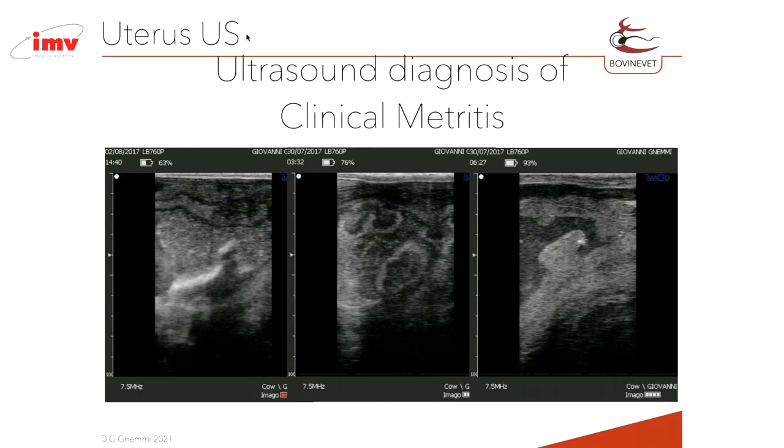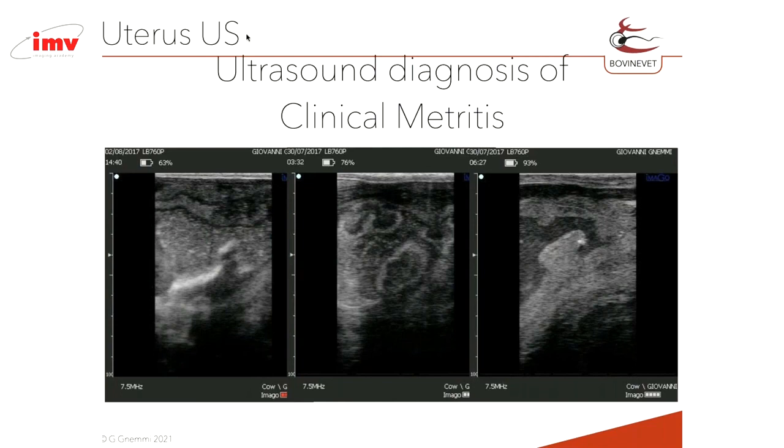Normally, clinical metritis is characterized by the presence of vaginal discharge, white or pink, and very dense. In the major part of the cases the cows are without fever, and the vaginal discharge is not putrid.